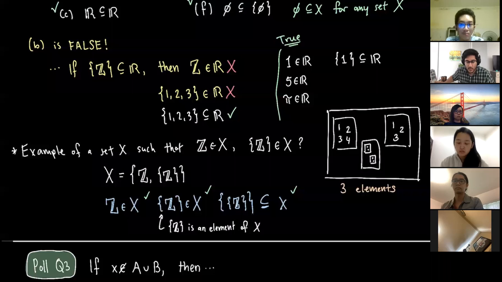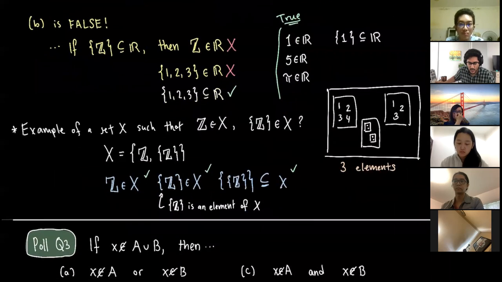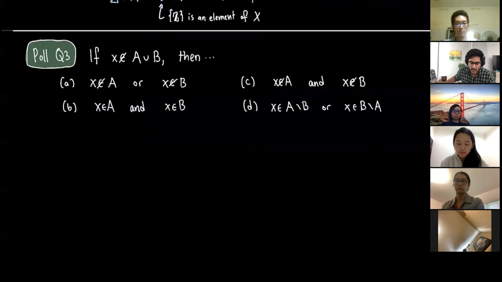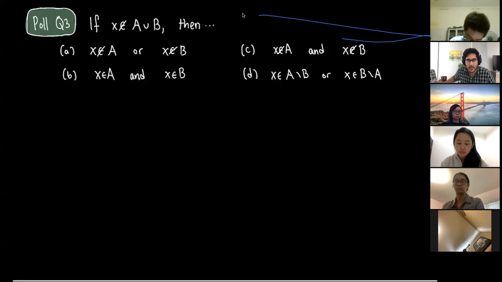I want to move on to another polling question because I don't want to push this off too much. So here's another thing involving unions. I should have said something more about unions and set theoretic operations. I didn't get to say anything. I'll put the poll up. Here's the poll. If X is not in the union of A and B, so this is something from the readings, so maybe I can go over it after the poll.